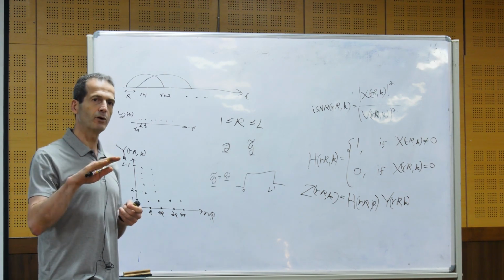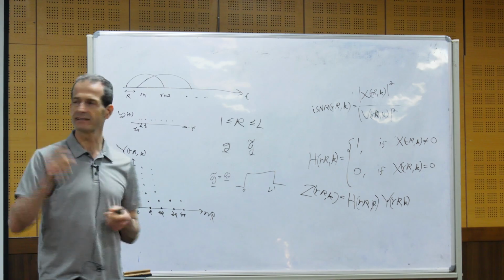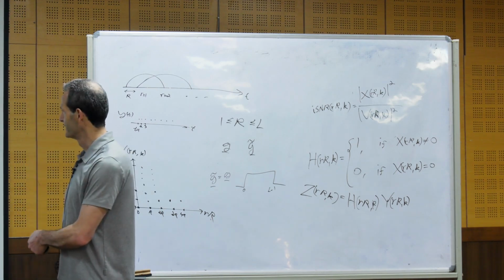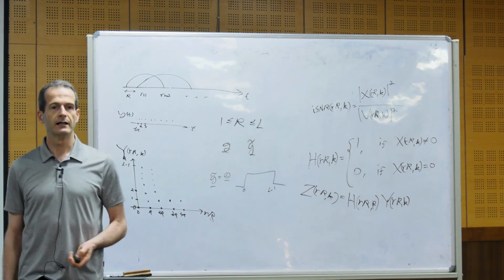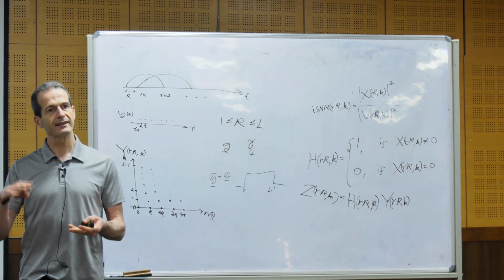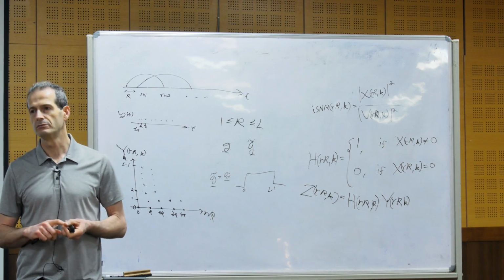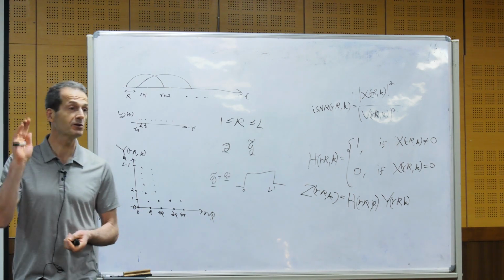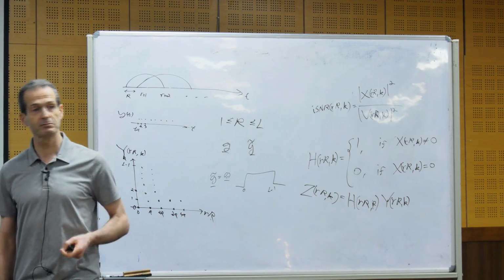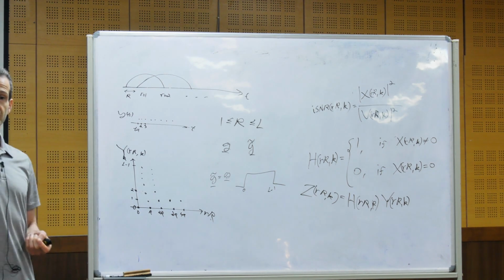And don't compare for high SNR. If the SNR is high, then H becomes closer to 1. So try to compare when the signal to noise ratio is low, 0 dB, even lower, minus 5 dB. It's nice, okay?